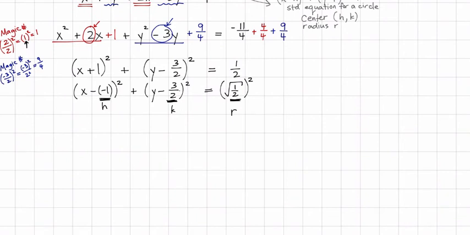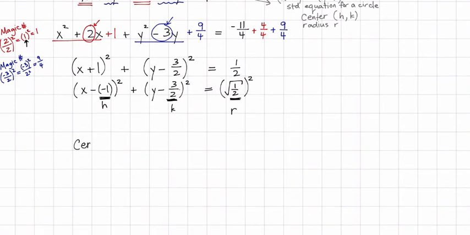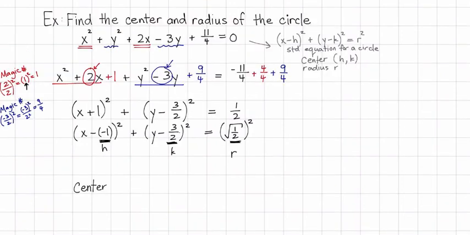Okay, so now that we've got it in that form, remember this question was asking us what the center and what the radius were, right? And so the center is negative 1, 3 over 2, and the radius is the square root of 1 over 2, which is not pretty.